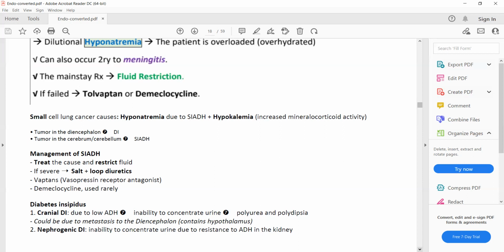So hyponatremia due to dilution and hypokalemia due to increased aldosterone activity.